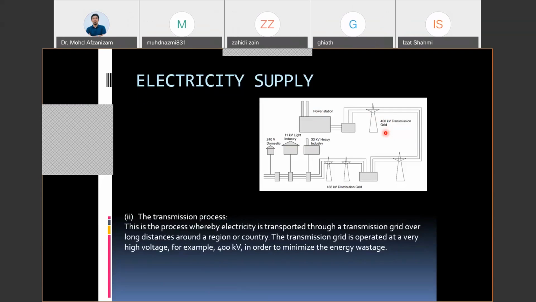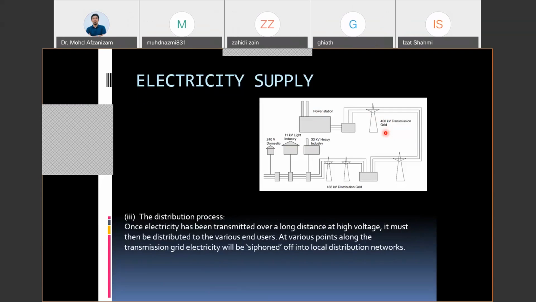So from the power station, the main producer, it goes to the transmission grid, the first stage, and then after a while goes to the distribution grid.